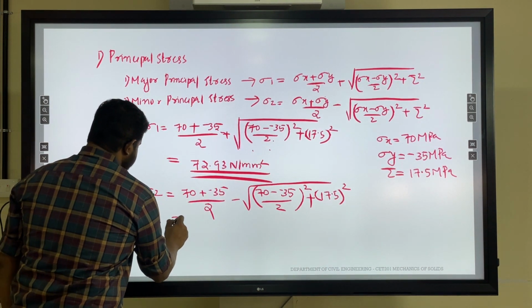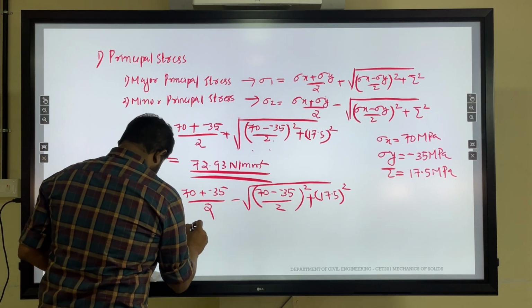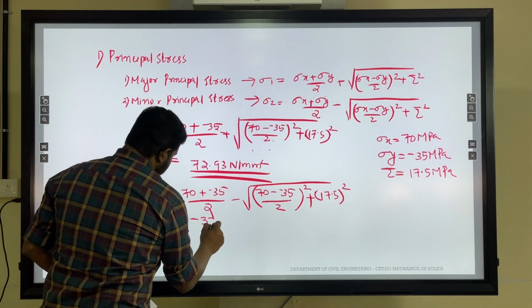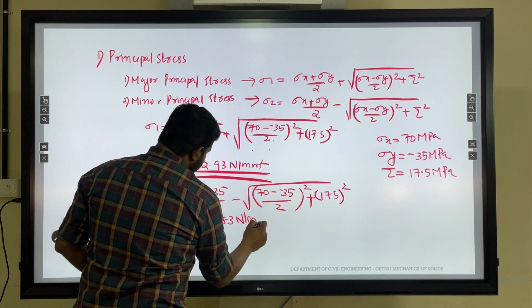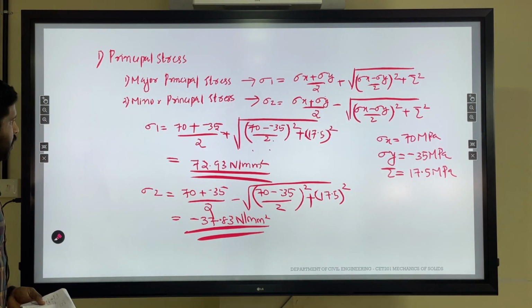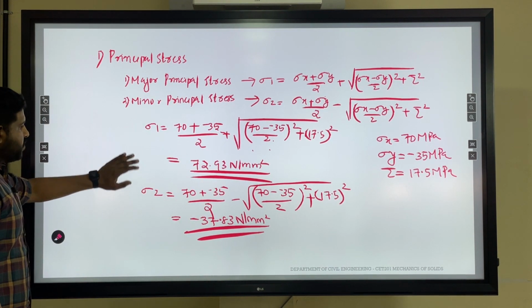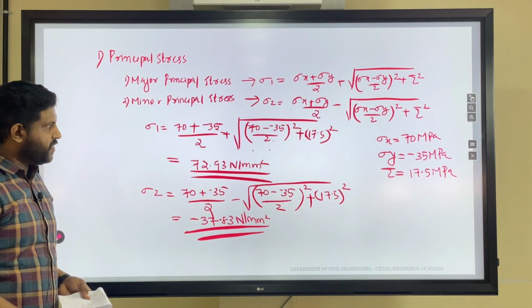On solving, we get minus 37.83 Newton per mm square. So these are the values for the major principal stress and minor principal stress, sigma 1 and sigma 2. The first part of the question is done.